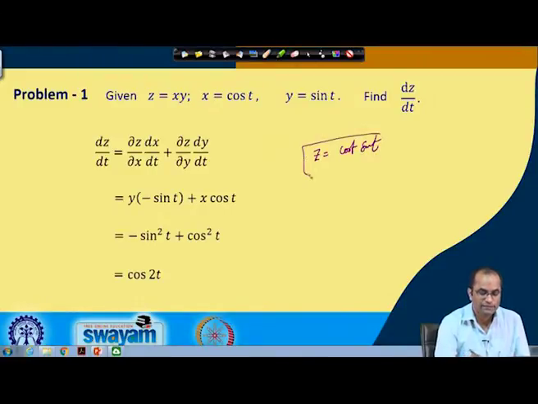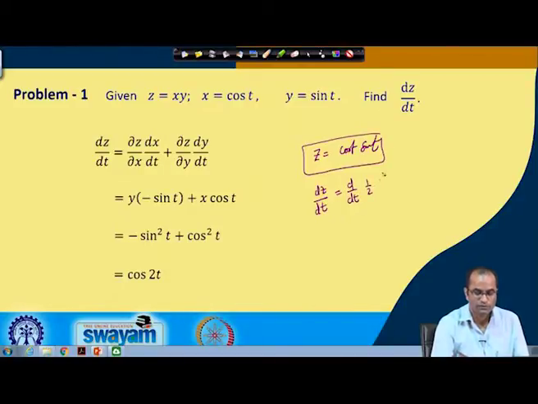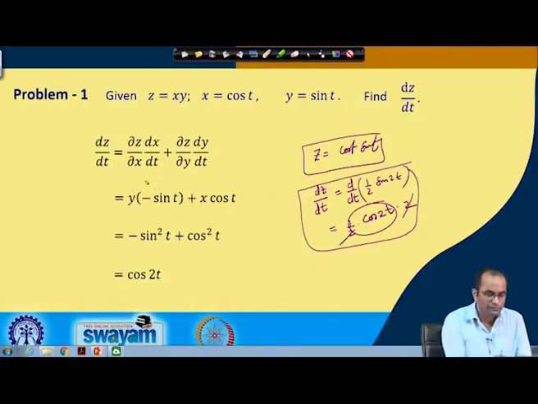So, now we have z as a function of t, and we can get dz over dt as, so this we can write first as half of 2 cos t sin t, which is sin 2t, and then when we take the differentiation here, this will be cos 2t, and this 2 will get cancelled. So, we will have this cos 2t directly as well.